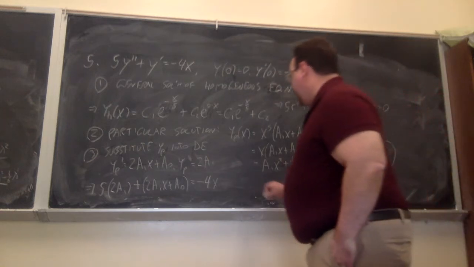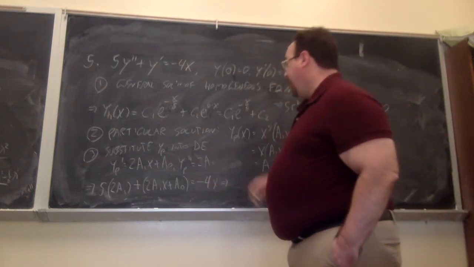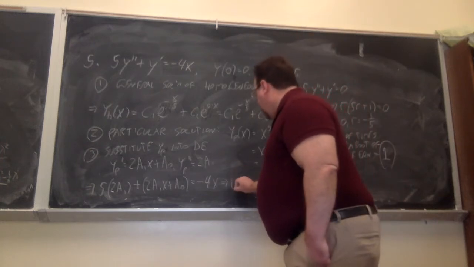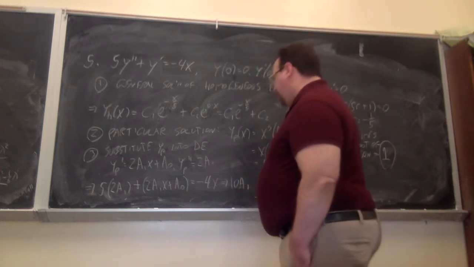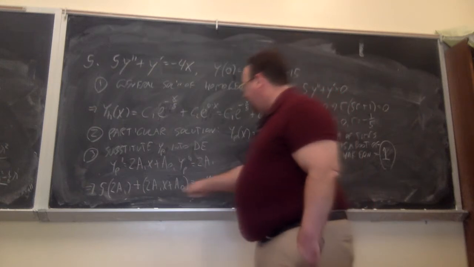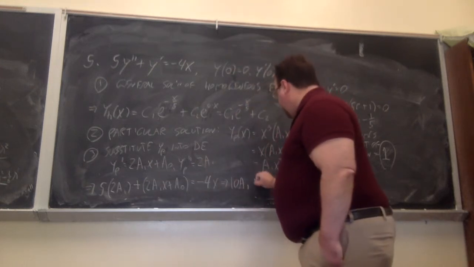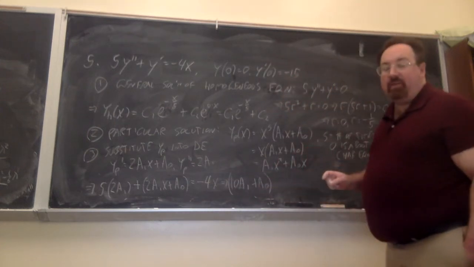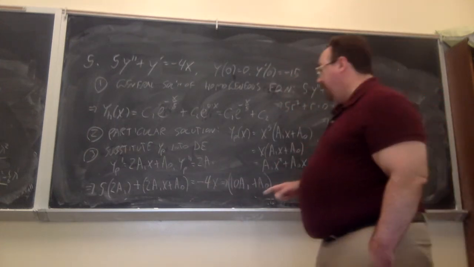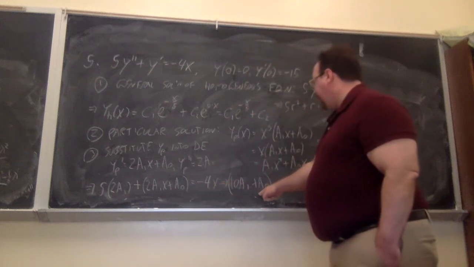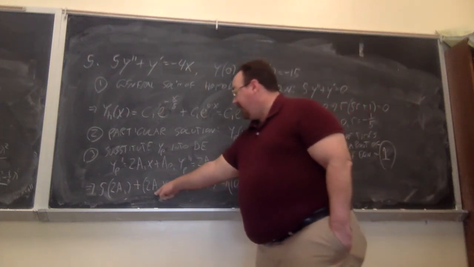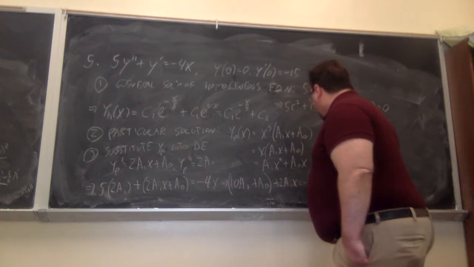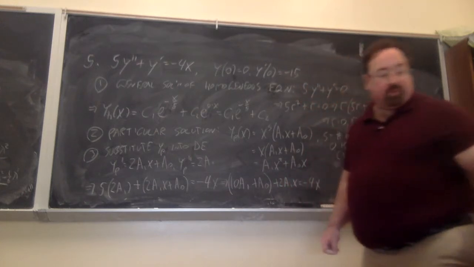Now, let's multiply everything through. On the left side, we have 10a1, and then I'm going to take any other constant terms and include them, so a0. Group by like powers of x. So we have these two constant terms, I'm grouping them together. And then I have this one linear term here, so plus 2a1x. And that's equal to minus 4x.